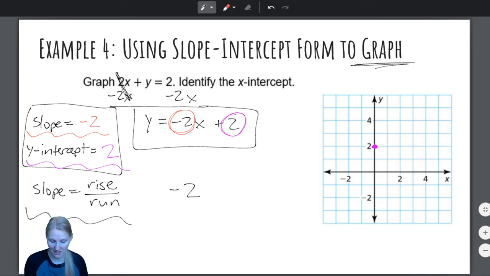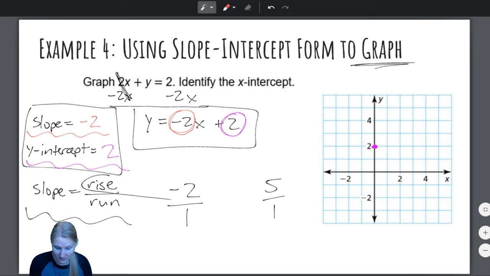Anytime you have a slope that is a normal number, -2, 5, something like that, think of it this way. -2 divided by 1 is -2. So anytime you have a whole number, like 5, you can put it over 1. 5 over 1, that's the same thing as 5. And now, look what that does.